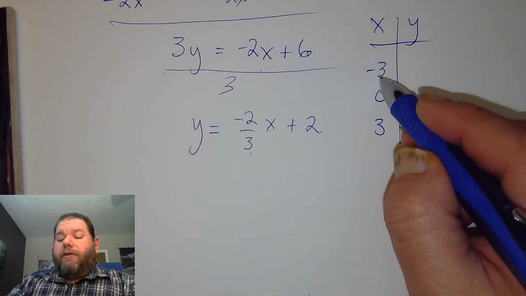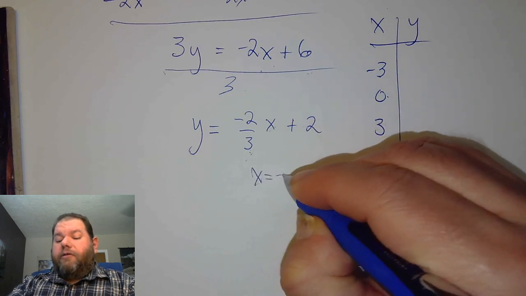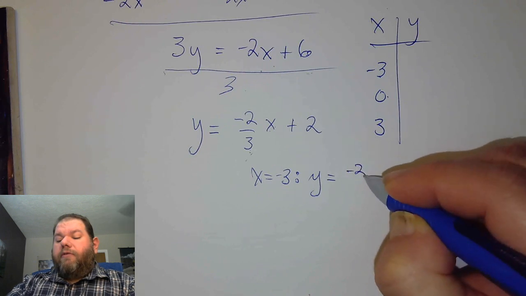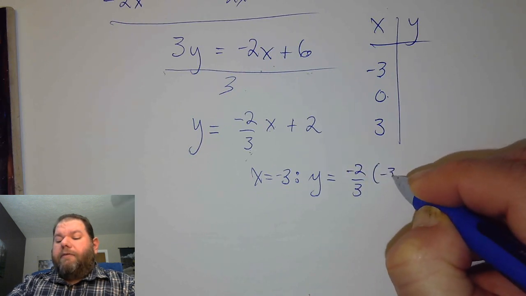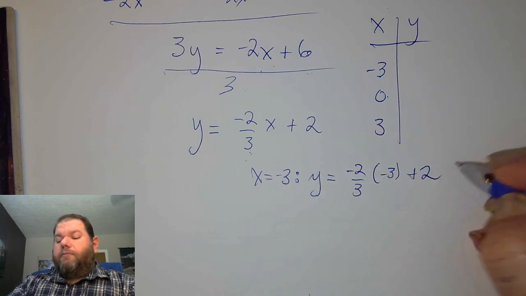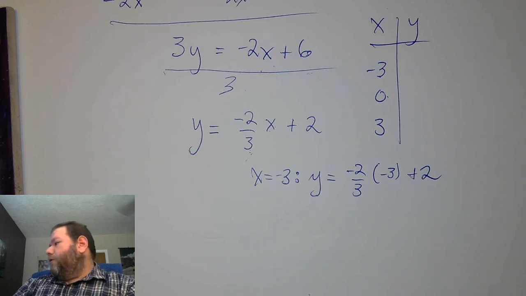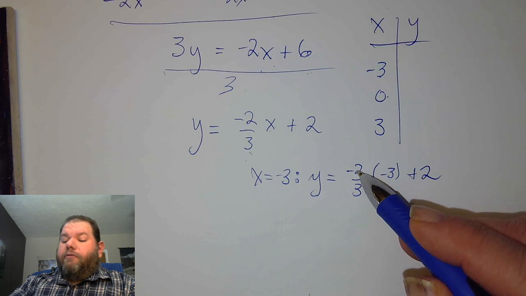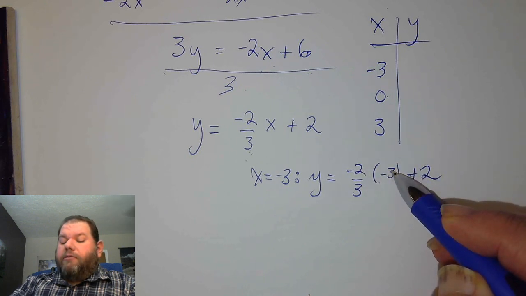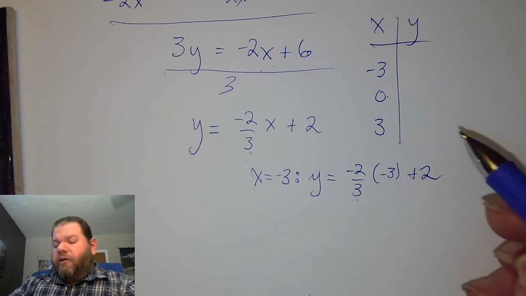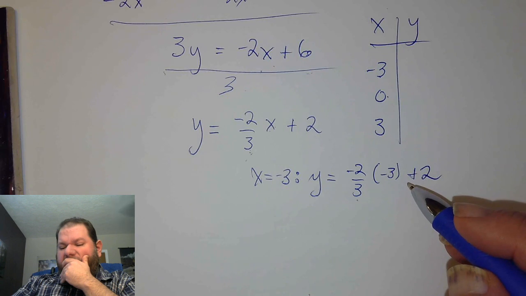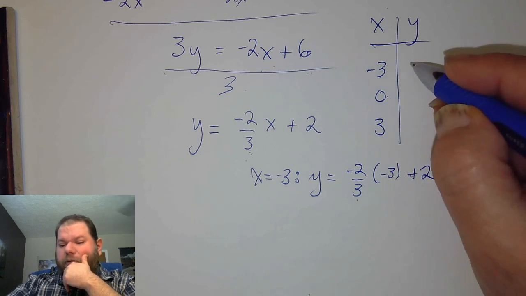So if we plug in x equals -3, we have -2/3 times -3 plus 2. Now, -2 times -3, that's 6, divided by 3 is 2, plus 2 again is 4.